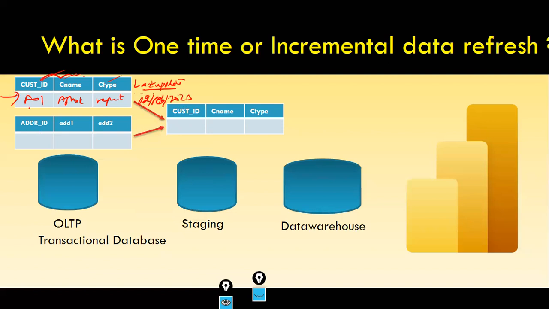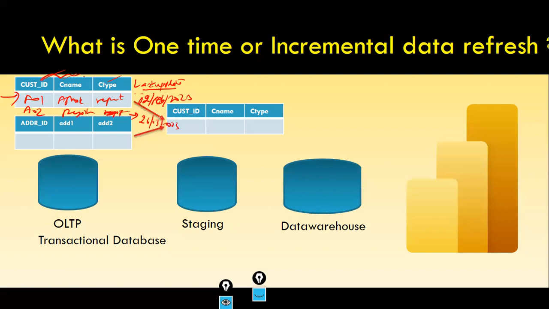Okay, fine. And this one we already loaded in the one-time load. For example, another customer, A02, Rajesh, is a first-time customer, and he purchased the product today, 26 March 2023.